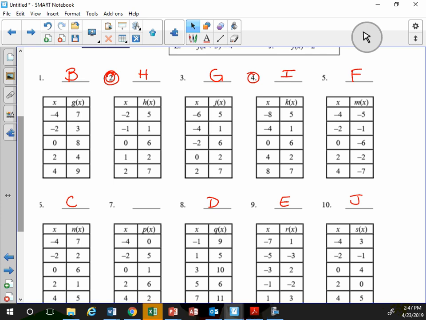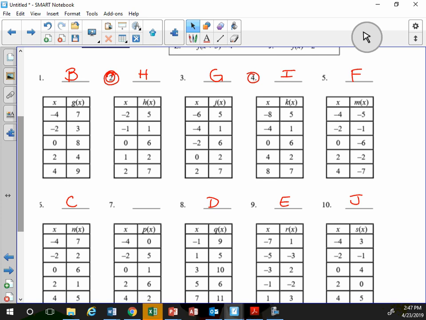It's in parentheses, whatever is in there affects the x. Do you see how this becomes positive 5? It's going to change.